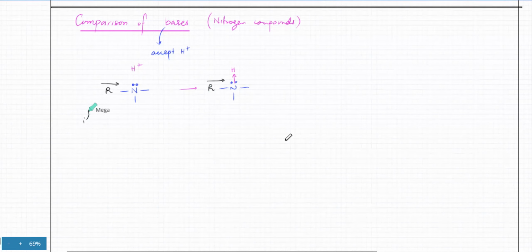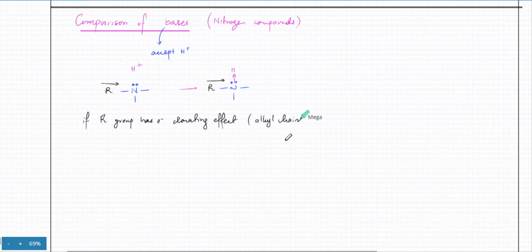So if R, the group attached to the N, has an electron donating effect, and the number one group with an electron donating effect is alkyl chains, then any carbon chain with an electron donating effect means there's going to be higher charge density on the lone pair on N.